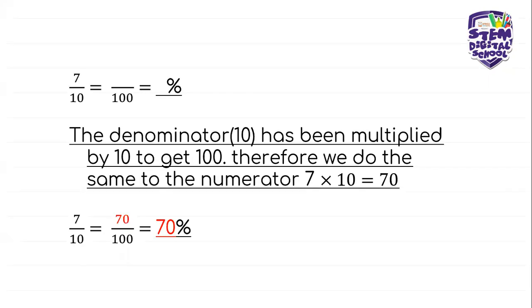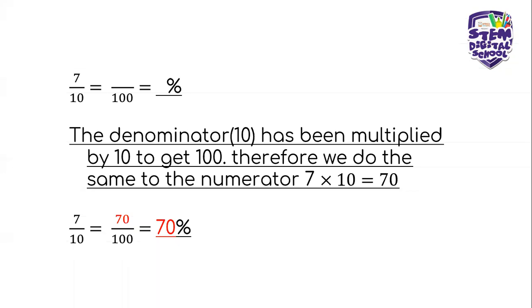If we have 7 over 10, 7 over 10 can be written as 70 over 100. And how do you do this? You multiply the denominator 10 by 10 in order to get 100.